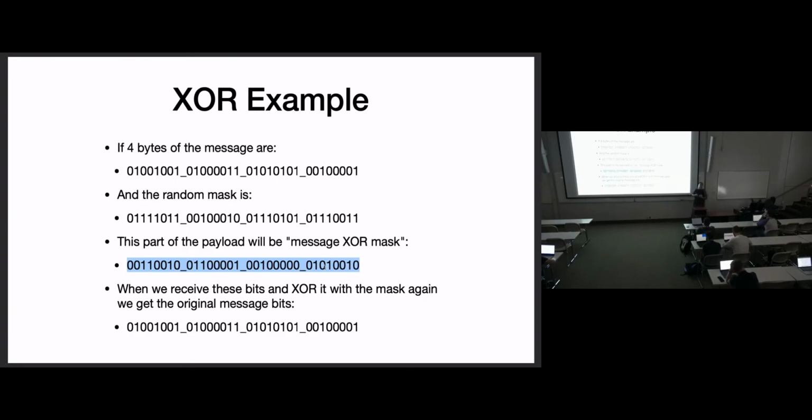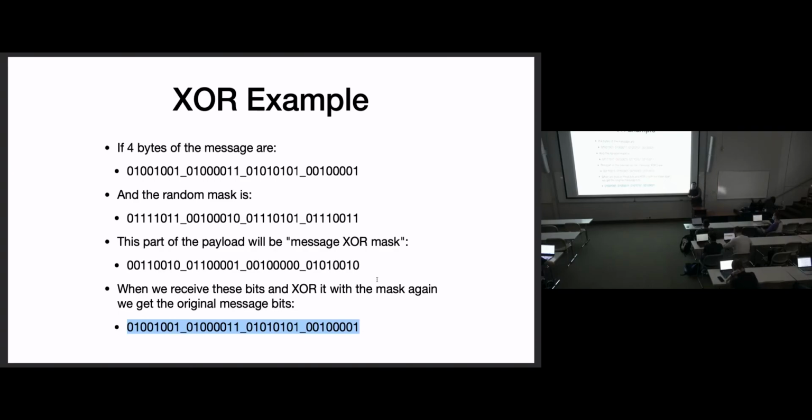When we receive the bytes, we're going to XOR them with the mask again, and we're going to get back to our original message. If we take this and XOR it with the random mask, 0, 1, 0, 0, we get exactly the original message. This is effectively the message and then the mask XORed with itself.